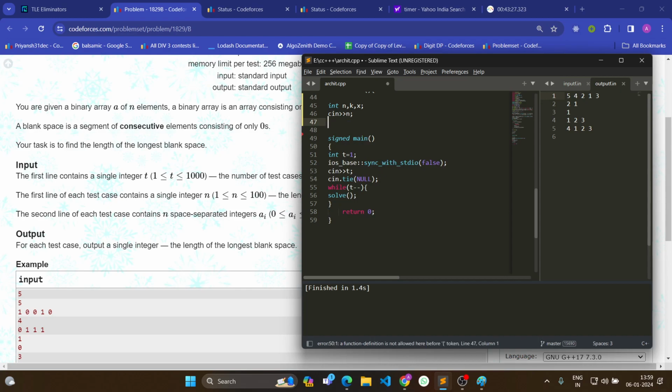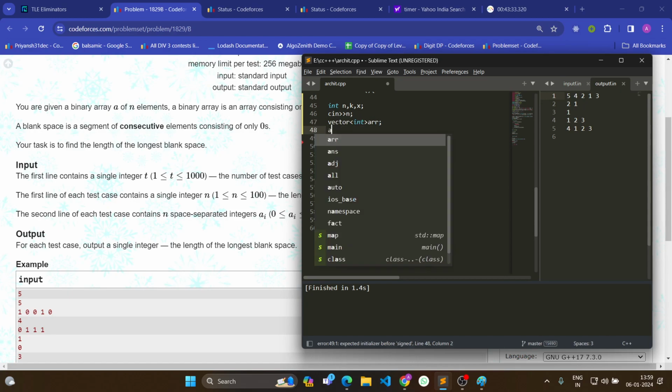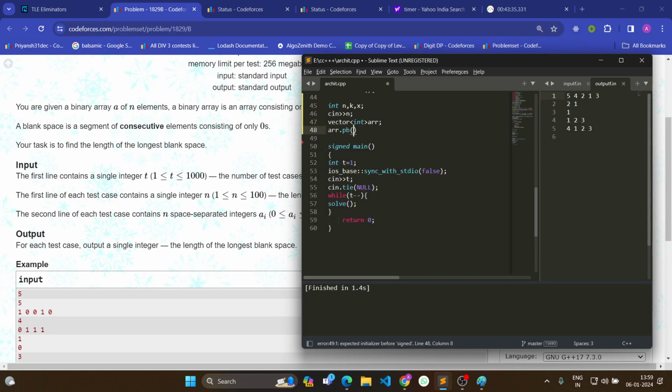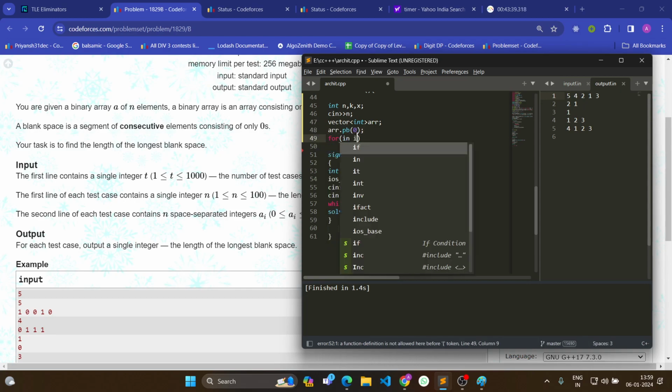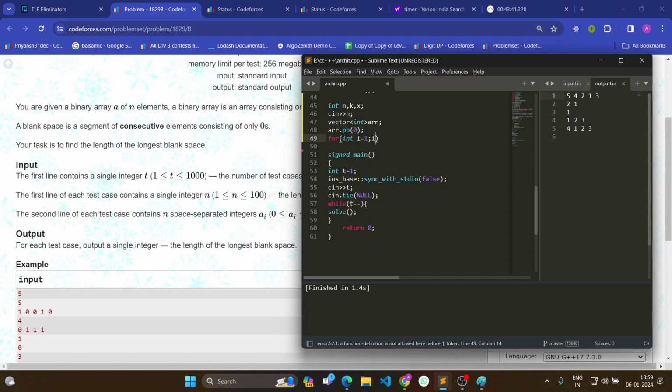So in here I'll take a vector, and I'll consider that the numbers are starting from 1. So I can push back n, and then I'll loop for i equals 1, i less than or equal to n, i plus plus.